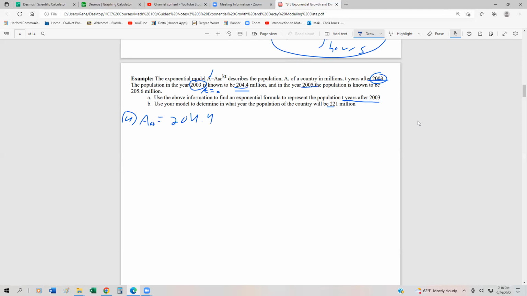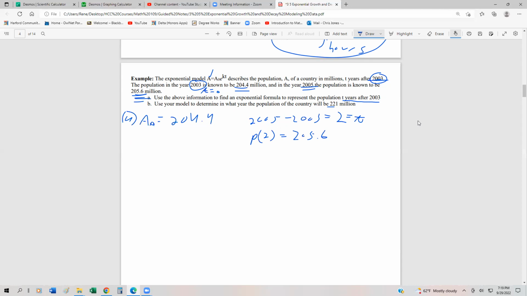Now, we have year 2005. And so 2005 minus 2003 is 2. So when t is equal to 2, the population is 205.6. So what that means, P of 2 equals 205.6. Now that's going to help us to find our growth constant. Okay?